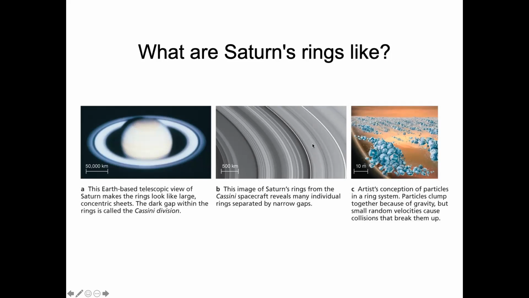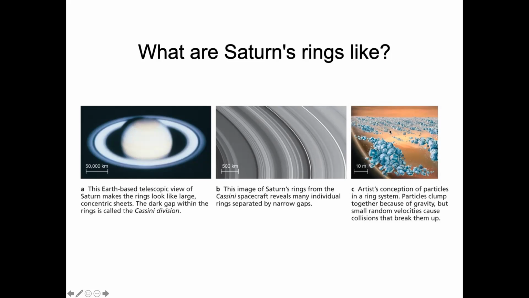We can see regions where there's a lot of matter, right? But there are gaps within this larger ring-shaped thing around Saturn. And so the reality is that each one of these is a little ring, right? There are many, many rings with very narrow gaps that separate them. And each of the rings has a different name, usually corresponding to a letter, so that we can address which ring we're talking about.